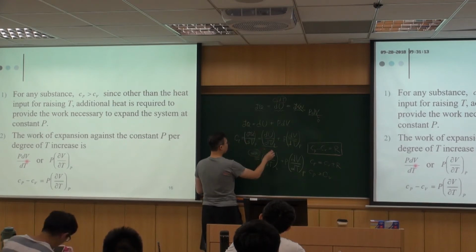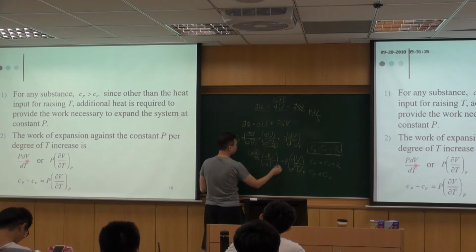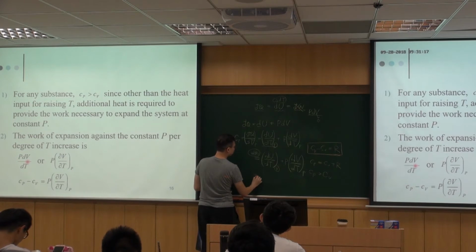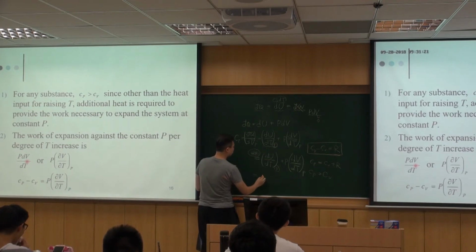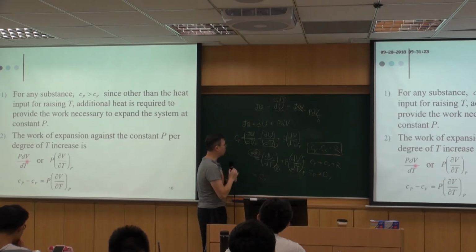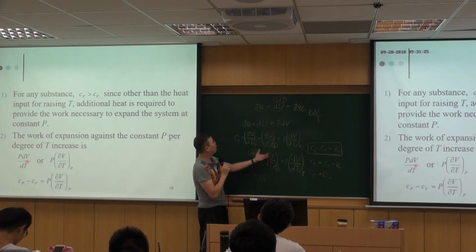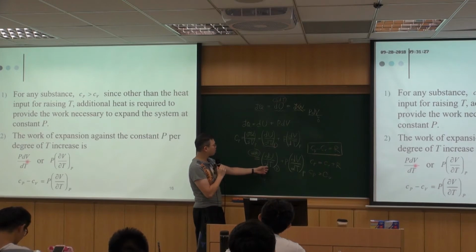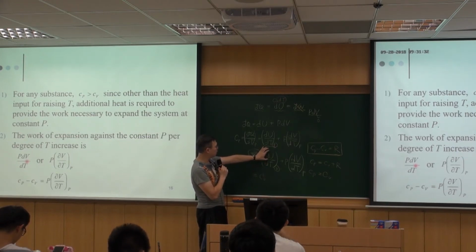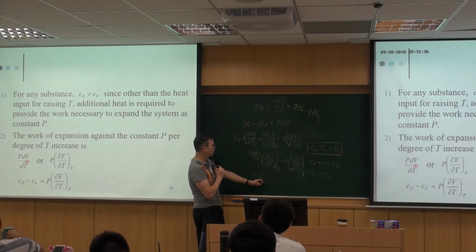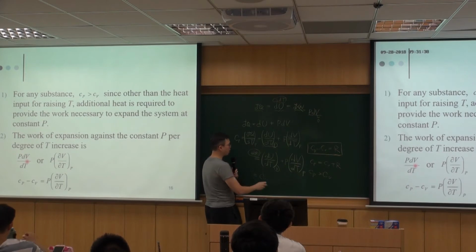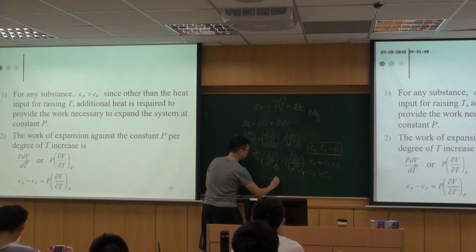Because if these two are the same, then we know based on the definition that this is Cv, because dU is Cv dT. And if we take this as Cv dT, then this will just be Cv. And then we have this extra term over here.